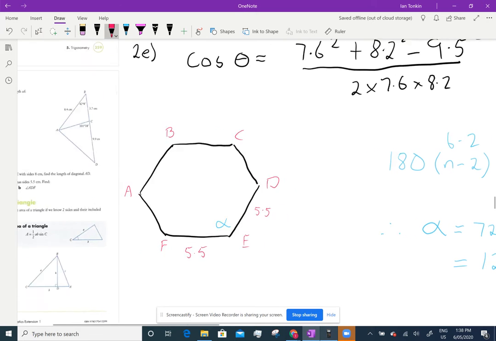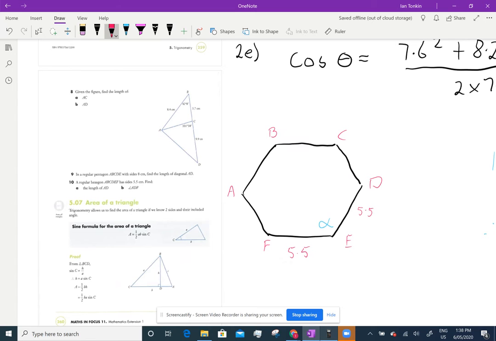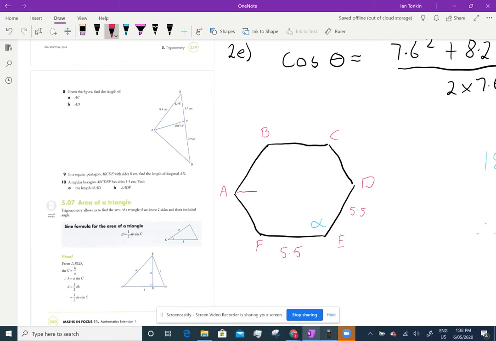Now, we have to find the length AD. To find the length AD, I'm going to need to get a triangle.